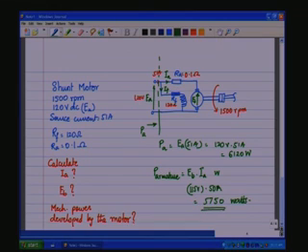So, this is the power that is delivered to the armature, and it will appear as the mechanical power that can be developed by the motor. So, this is the final, the third point in the question, which can be answered.